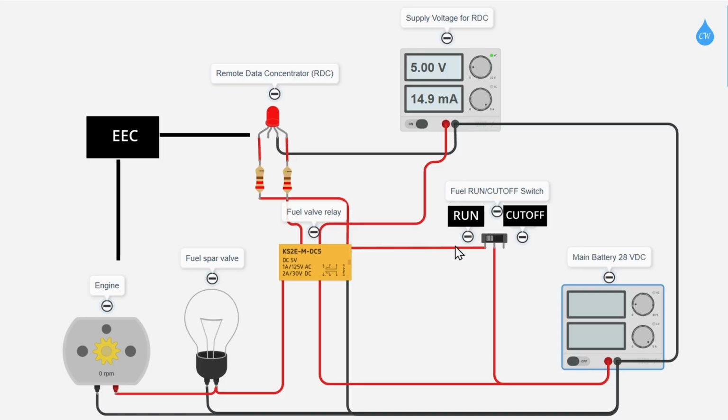My fuel run cutoff switch is in the on position, but the RDC detects that the switch was put in the cutoff position, the fuel valve closes, and the engine quits, stops. But how is this possible? The run cutoff switch is still in the run position.